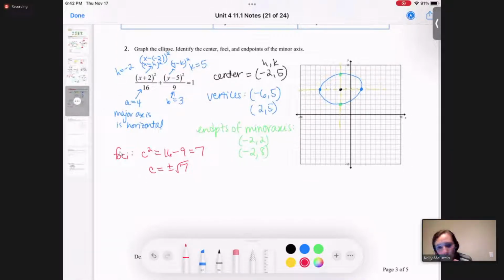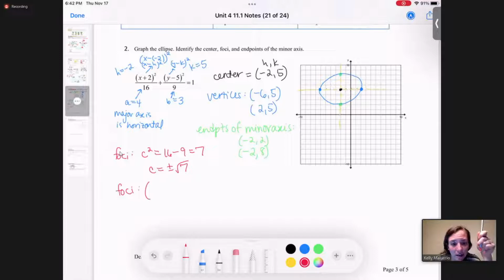But in order to get there, we have to go from the center. So the foci points are actually found by taking our major axis, whichever one is major.